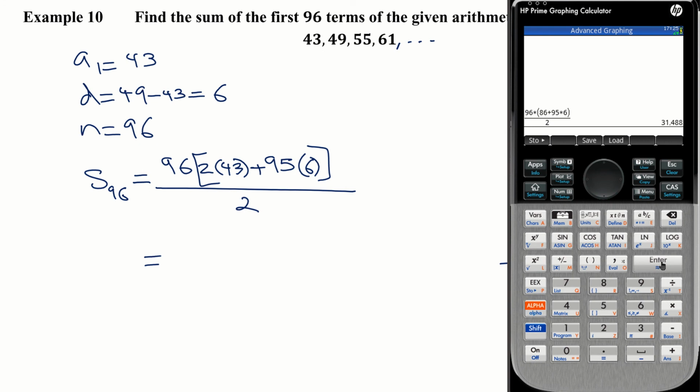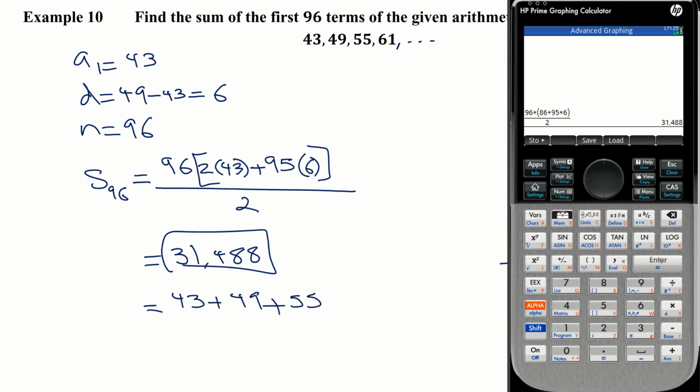So we get 31,488. So basically what that is, that's 43 plus 49 plus 55 plus 61, and then keep going till the 96th term.